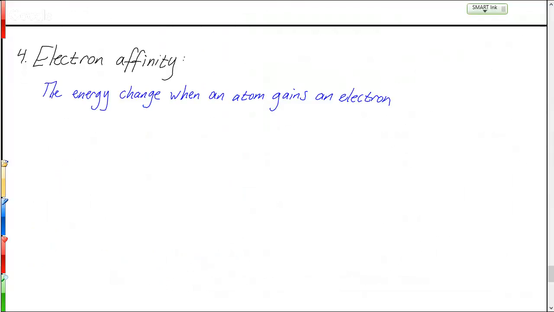Notice I have a more general definition here. Instead of saying the energy required or the energy released, I just say the energy change. And that's because atoms can have both positive and negative electron affinities, depending on the atom.